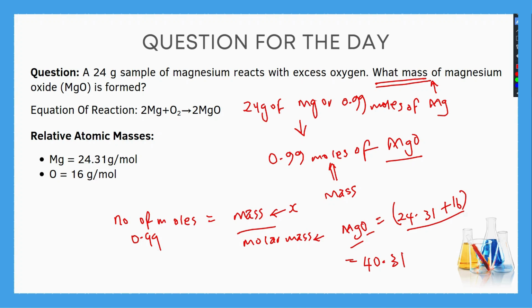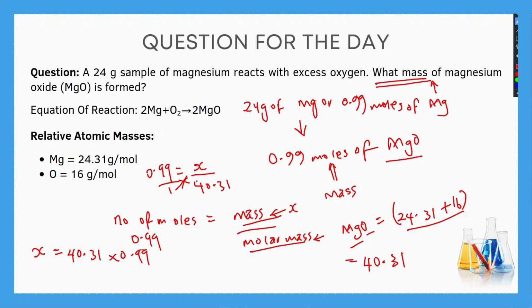So let's put this formula into use now. Number of moles, which is 0.99, is equal to mass, which is X over here, divided by molar mass, which we have calculated to be 40.31. So this can be over 1. So if we cross multiply, X multiplied by 1 is the same thing as saying X. This is equal to 40.31 times 0.99.